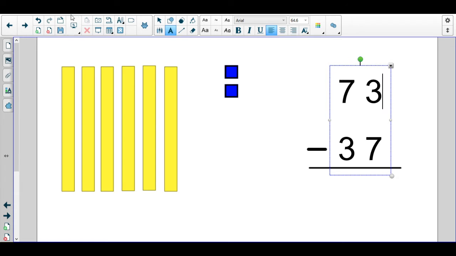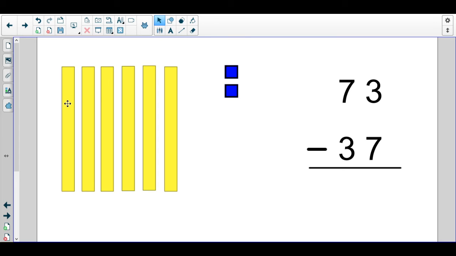And we'll go ahead and add one more into here, and one more right here. Okay, so I have 7 tens, 1, 2, 3, 4, 5, 6, 7 tens, and 1, 2, 3 ones.